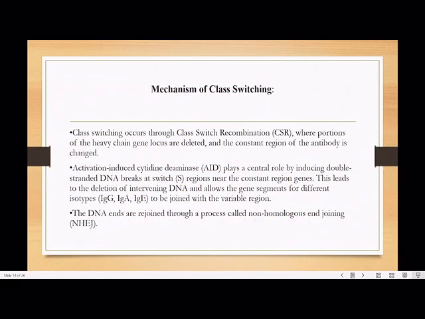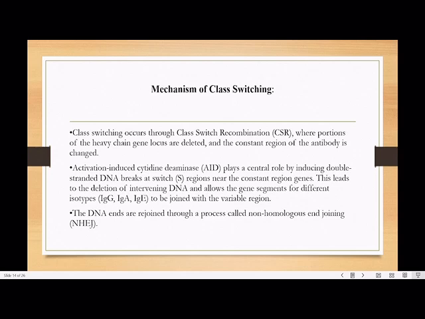Now we can talk about the mechanism of class switching. Class switching occurs through class switch recombination, where a portion of the heavy chain gene locus is deleted and the constant region of the antibody is changed. Activation-induced cytidine deaminase plays a central role by inducing double-stranded DNA breaks at the switch region near the constant region genes.